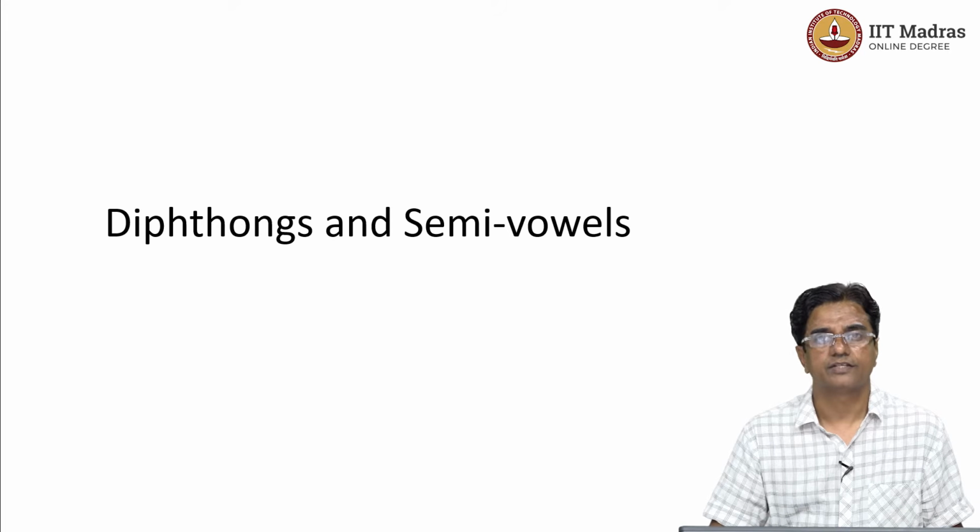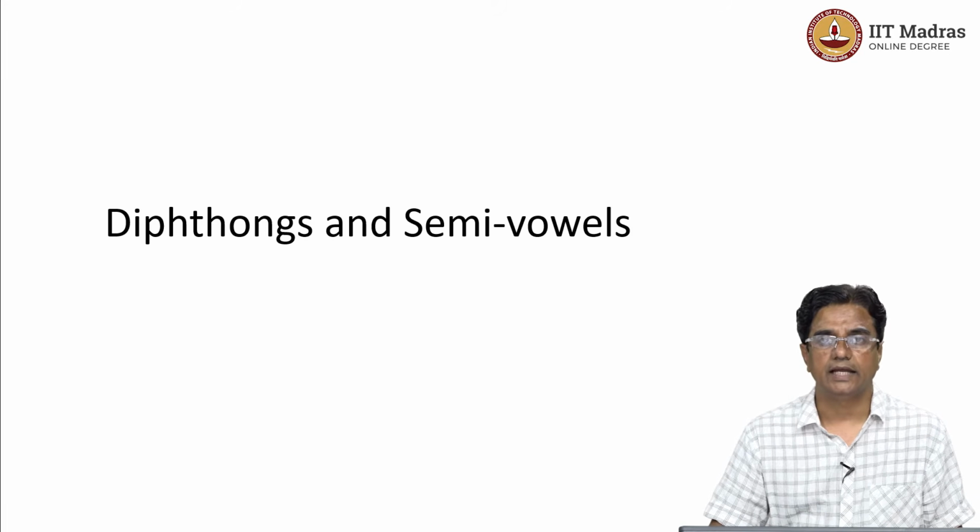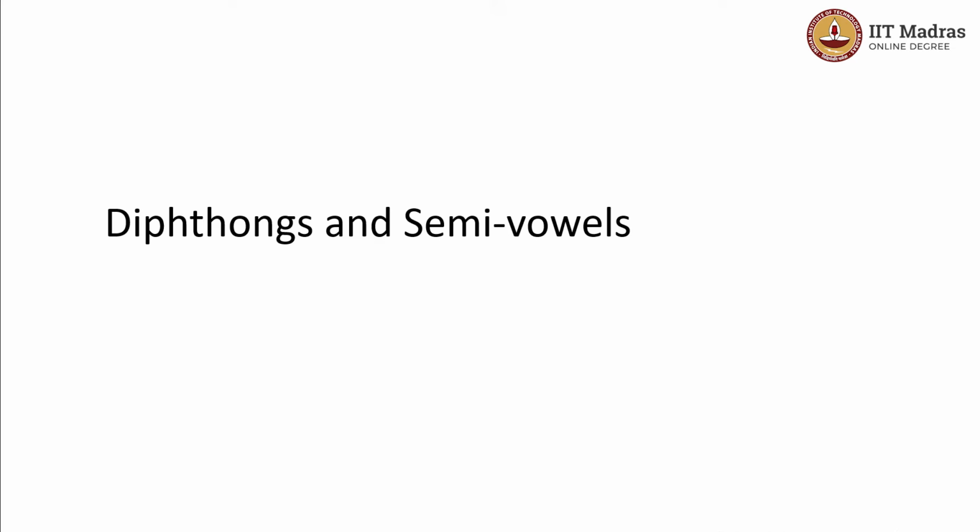If you look at the English sound system, English has a total of 44 sounds, out of which 24 are consonant sounds and 20 are vowel sounds.